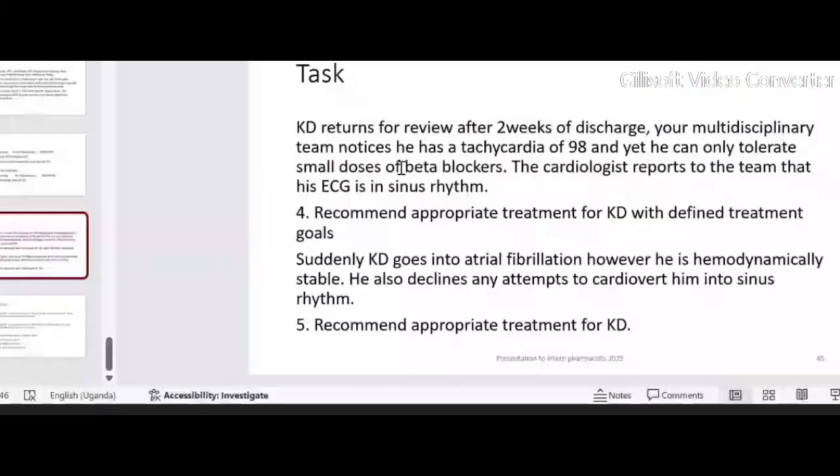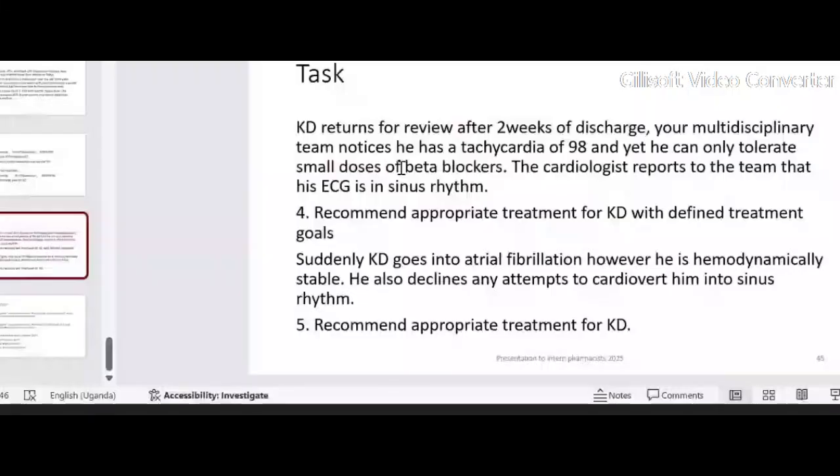The patient must have a heart rate more than 70. Okay, that's number one. Ejection fraction should be reduced. Our patient has an ejection fraction of 40. Number three, our patient must be in sinus rhythm. And this patient meets the criteria, ladies and gentlemen. Ivabradine.